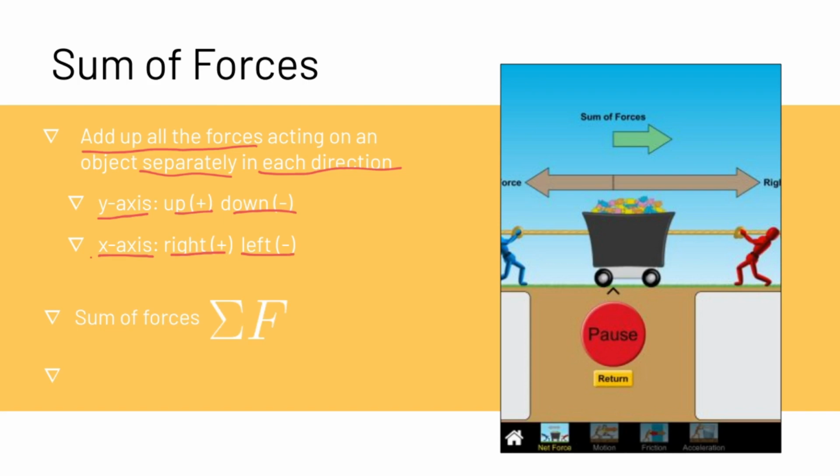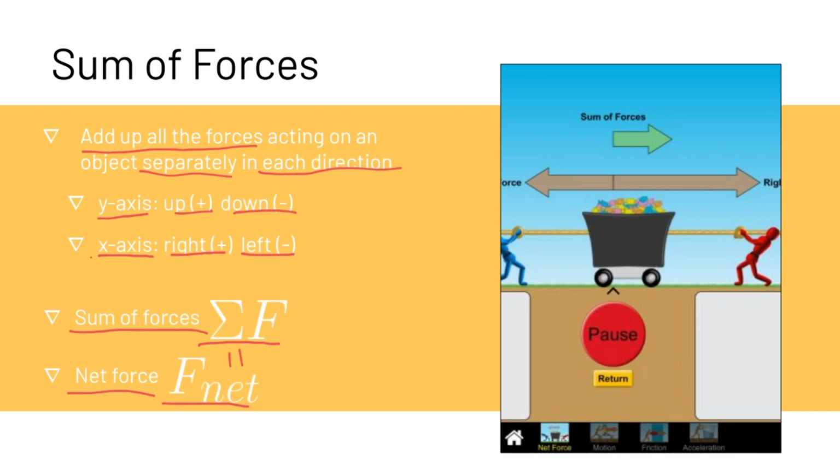We use this symbol, sigma F, to denote the sum of forces. We can also think of it as F net, which is the net force. These two are synonymous with each other. So the sum of forces equals F net.